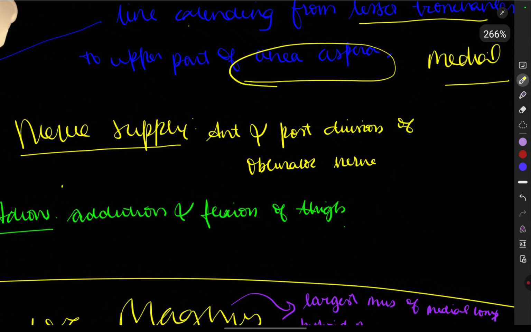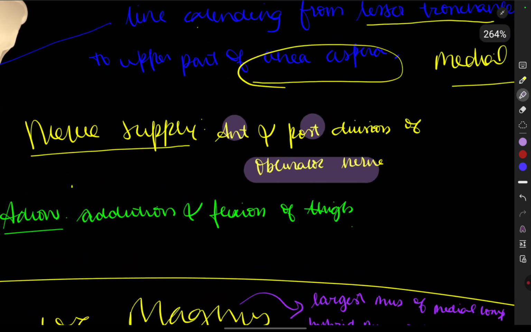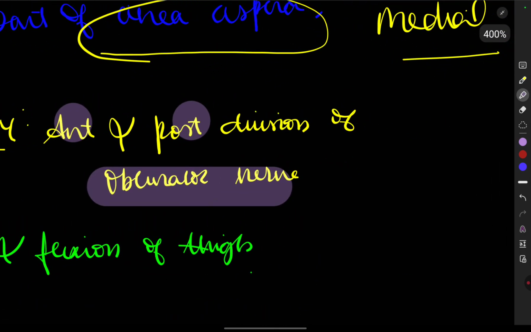The nerve supply is again by the obturator nerve, by the anterior or the posterior division. For adductor brevis, you have to remember one thing: adductor brevis is not a hybrid or composite muscle. What do we mean by hybrid or composite? If the muscle has dual nerve innervation, supplied by two nerves, it is called a composite or hybrid muscle.